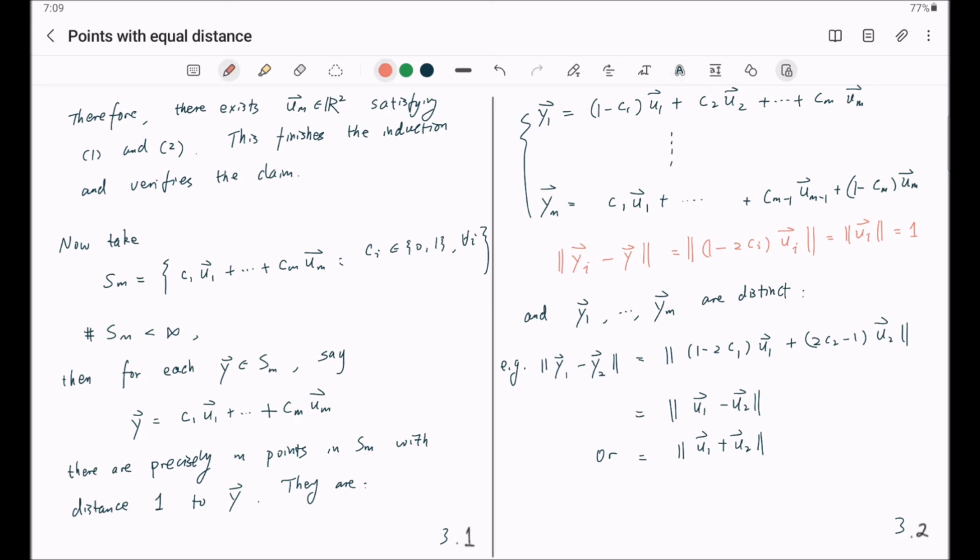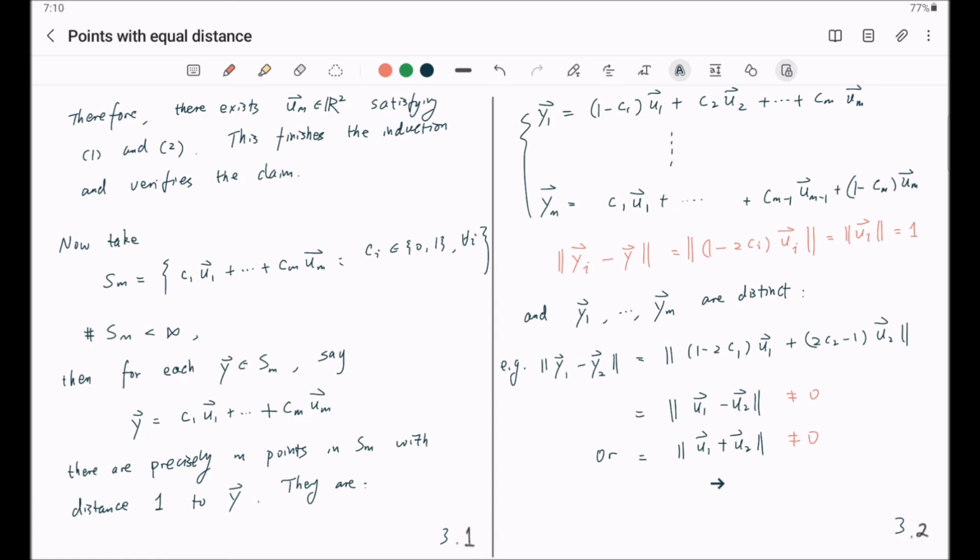They are all non-zero by our construction, because at least 2 of the coefficients are non-zero. Those y1 through ym are distinct.